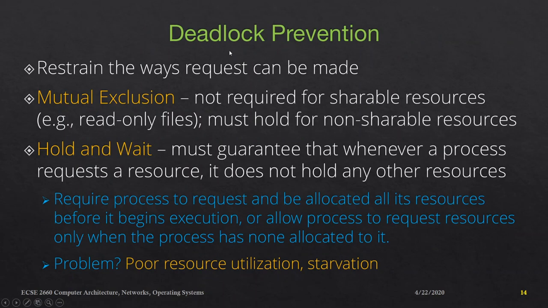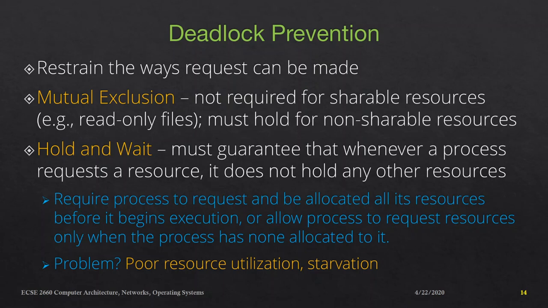So let's go into deadlock prevention first. So this is prevention. We are going to see if we can do things that prevent the deadlock from happening. And we are doing that by restraining the ways a process can make a request for a resource. So in the previous lecture, we talked about four necessary conditions that should hold simultaneously in order for a deadlock to be guaranteed.